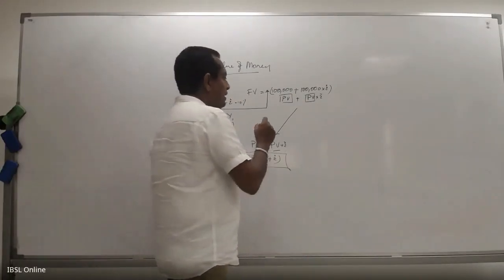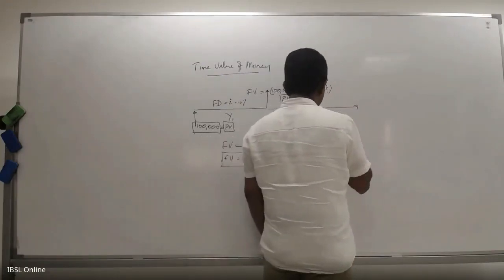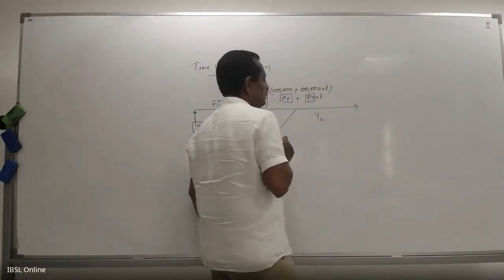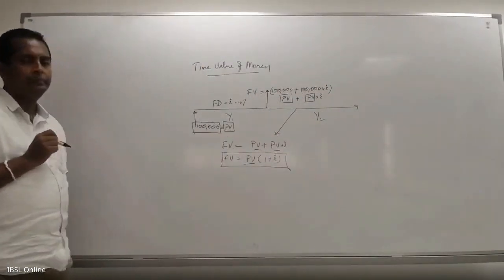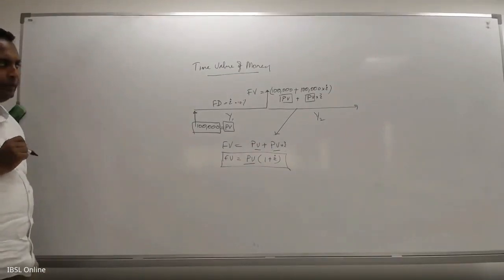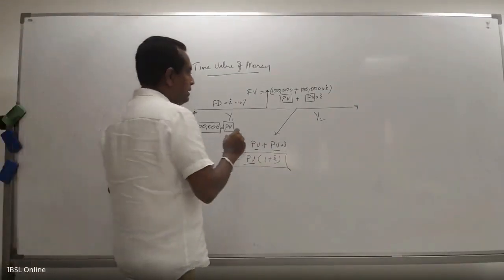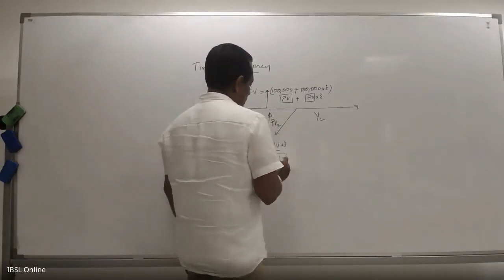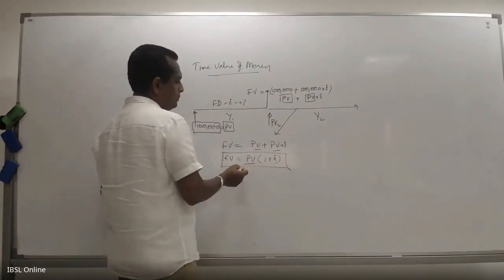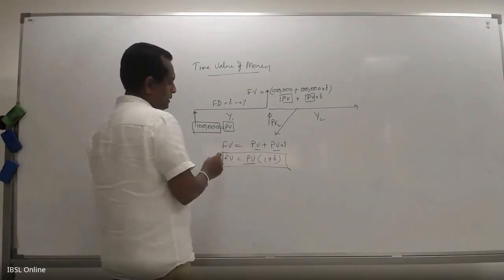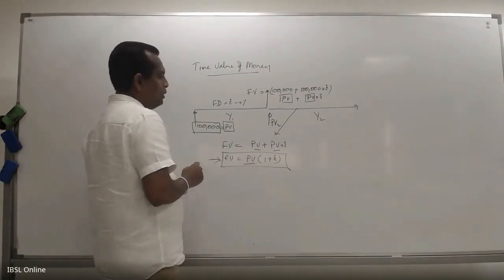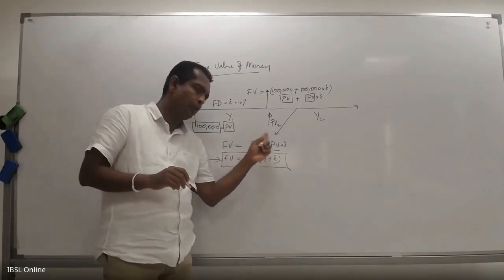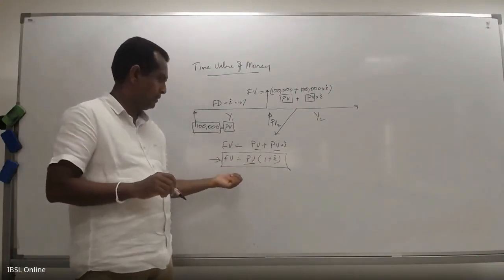If you reinvest that amount for another year, Y2, right? What will be your initial investment? PV2. It is equal to this one. This is what you are going to get at the end of the year 2. So you are reinvesting it.